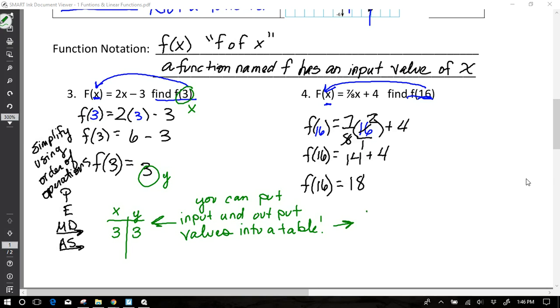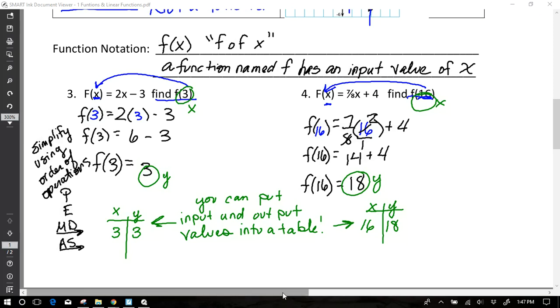In example 4, my input value, my x value, is a 16, and my output value was an 18. And again, if you had more input values and more output values, then you would have more information to put into your table. And you could even use that to go ahead and graph.